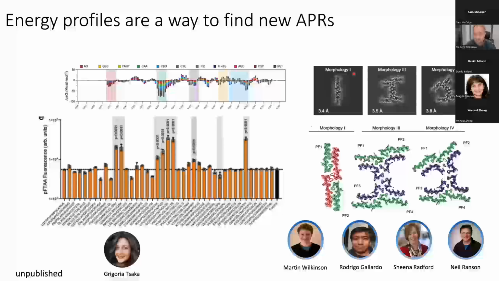And what's interesting is actually that this region, for instance, forms amyloids on its own. But solving the structure of this peptide, we saw that it actually is very polymorphic on its own. And a story we just put on bioRxiv shows that the conformations that the peptide on its own can achieve are very similar to the ones it adopts in the full-length amyloid core. So this is really an APR again.